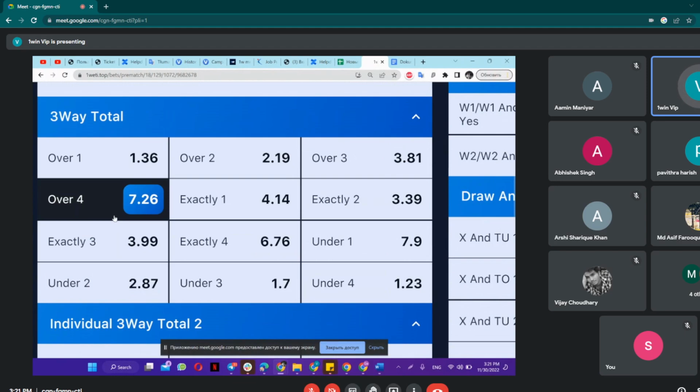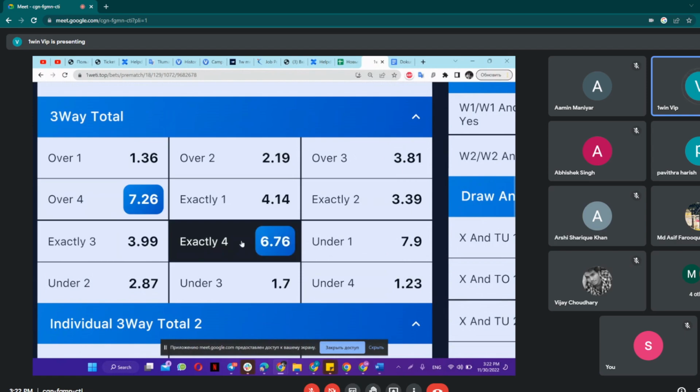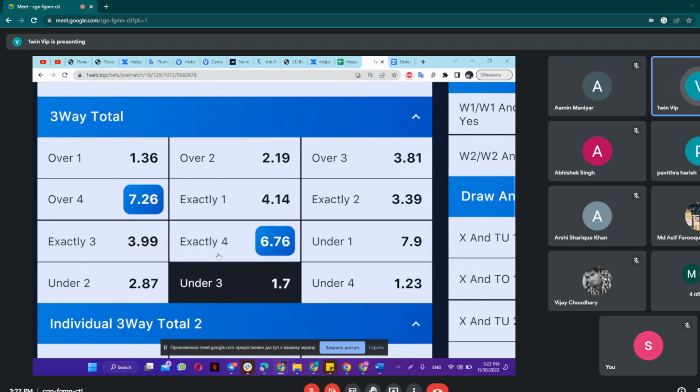So to win the bet three-way total over 4, we should have 5, 6, 7, 8, 9, 10, 11, etc. By having 4, again, we will lose. We will not receive a refund, we will simply lose because we already have betting on exactly 4.